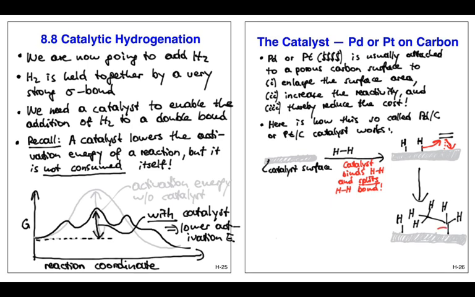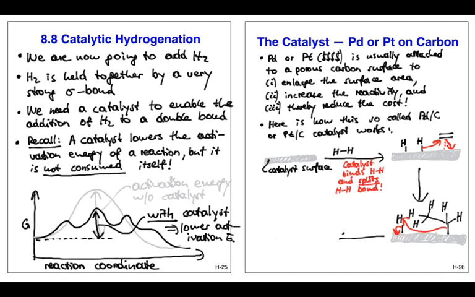And what happens next is now this carbon-metal bond is electron rich. So it acts as a nucleophile and it deprotonates the surface, the hydrogen on the surface. And it gives an electron back to the surface.